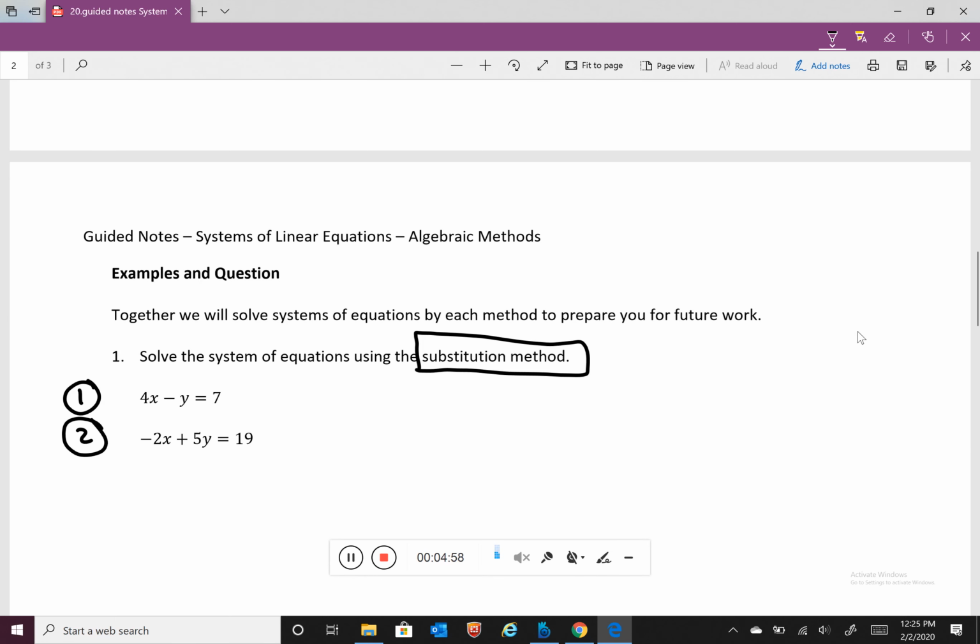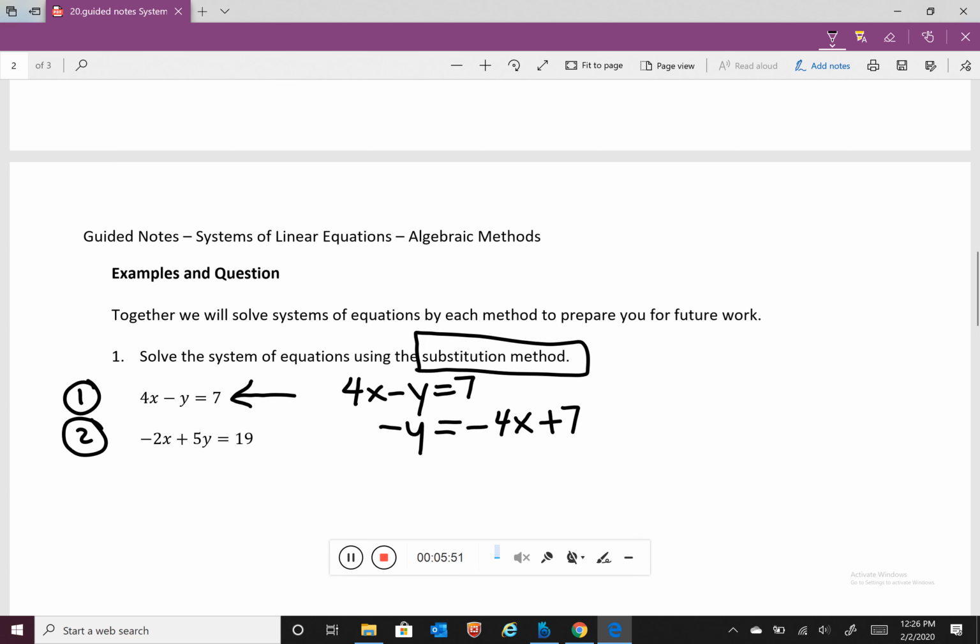But do you notice equation 1? Y is almost by itself. We have just minus y. So I'm going to say 4x minus y equals 7, which means negative y equals negative 4x plus 7. We didn't do anything with the 7.